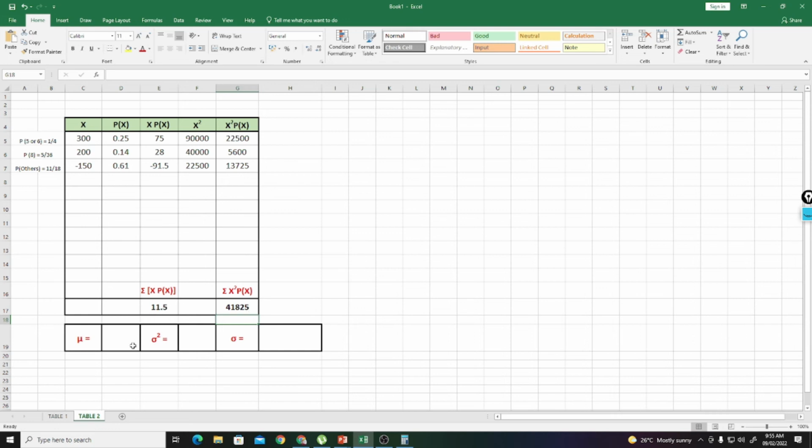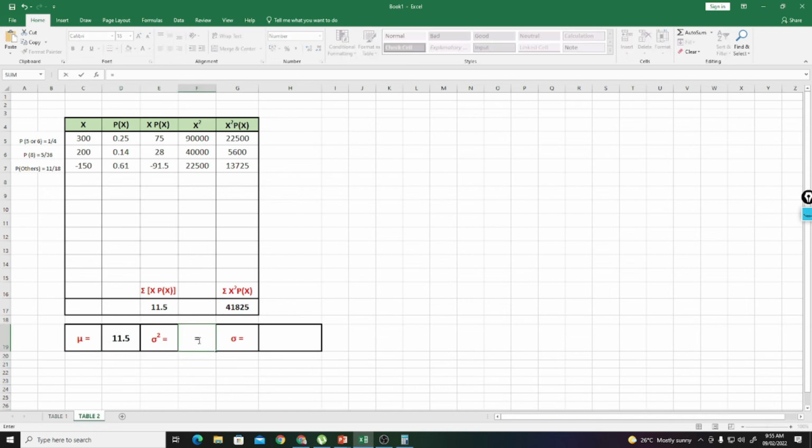So, we all know na yung ating mu has a value same na kung 11.5. Then, yung ating variance, susundin natin yung formula. Diba ang formula ay summation na x squared px minus yung mu squared. So, kailangan natin i-minus siya dito sa mu squared. So, ipo-formula natin siya dito.